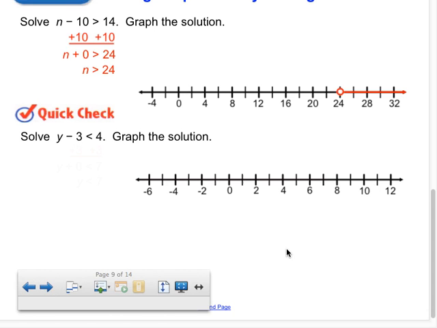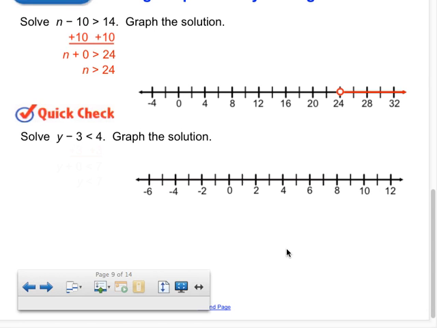When you're done, put your pencils down so I know we can go over it. Okay, looks like most of you are done. Who can walk me through this? Atisha?